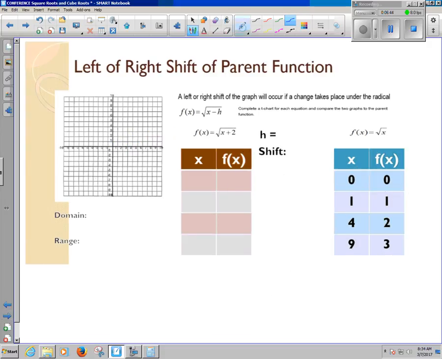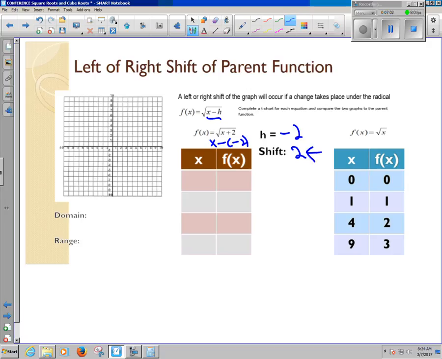So here, again, under the radical, we have x plus 2. Well, our formula has x minus h, so we have to rewrite this with subtraction, so it'd be x minus the negative 2. Okay, so here we can see the h is negative 2, so it's going to be a shift 2 units to the left.